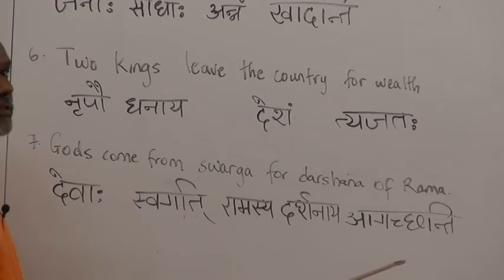The Devas come from Swarga. Ramasya Darshanam. So it will be Rama's Darshan. But you will get that meaning. You can get that meaning in Sanskrit also. Because it is in the objective case, you will have to say that it is for the purpose of that darshan. The sentences occur like that.